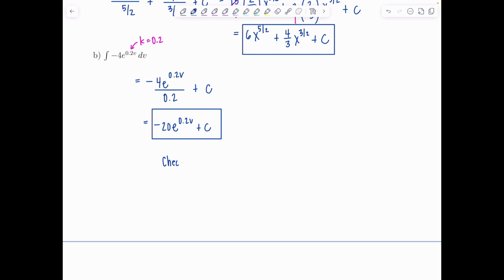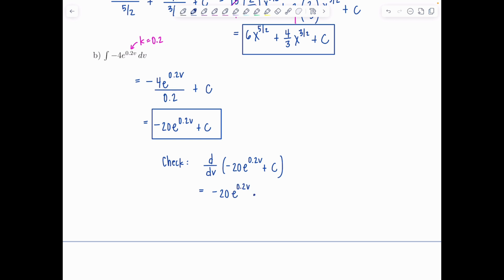Maybe, that's okay. So let's just check together. So I'm going to take the derivative with respect to v of what I'm thinking the antiderivative is. I just want to make sure. Actually, let me put the plus c in there too, just so we can be thorough. Okay, when we take the derivative and you have that constant, it just comes along for the ride. Derivative of e to the something is e to the something.